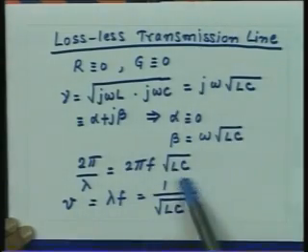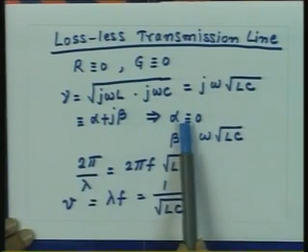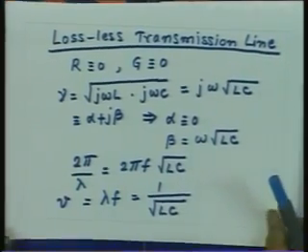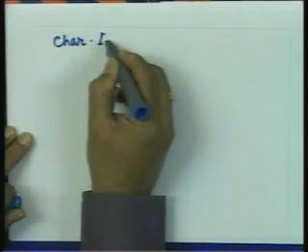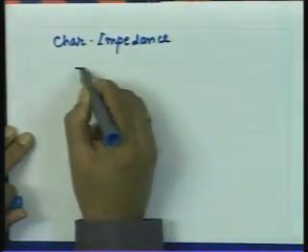So, for a lossless line, the velocity is given by 1 over square root of LC, and alpha is identically 0. So, the wave has a phase constant beta, but its amplitude remains constant as it travels on the transmission line. For the lossless line, we can then calculate another parameter, which is the characteristic impedance, Z0.